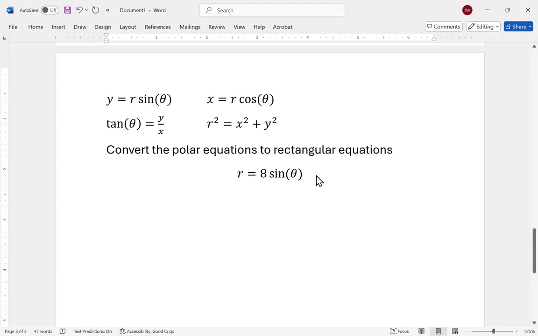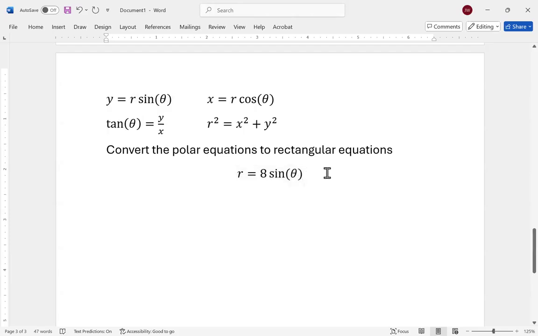If I divide by sine, I get r divided by sine. That's not going to do me any good. If I divide by r, I get sine divided by r. That's not going to be doing me any good. I want an r times sine to have y.